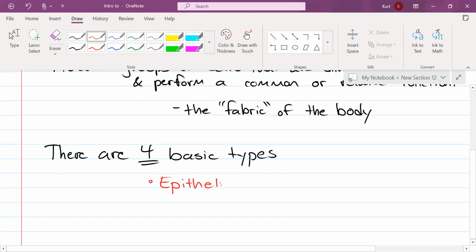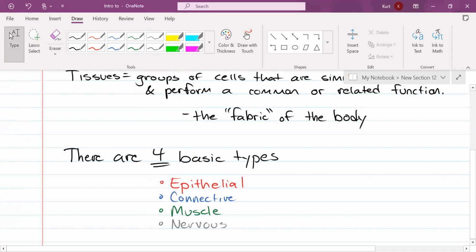Carson, can you say that word? Epithelial. The next one is connective. The third is muscle. Don't call it muscular, say muscle. Yes, Natalia. In a moment. And the fourth and final is going to be nervous tissue.